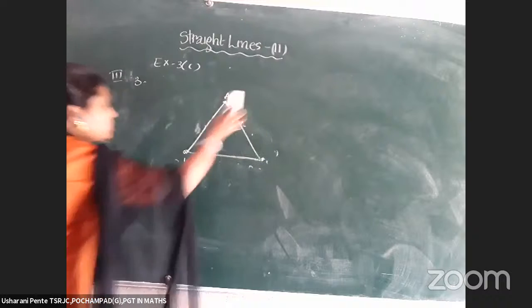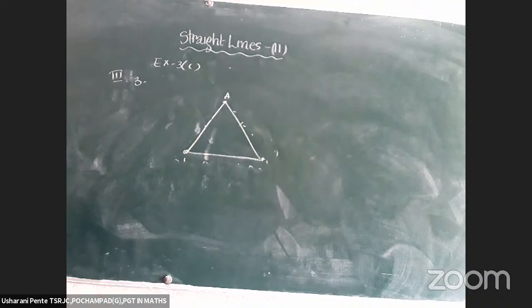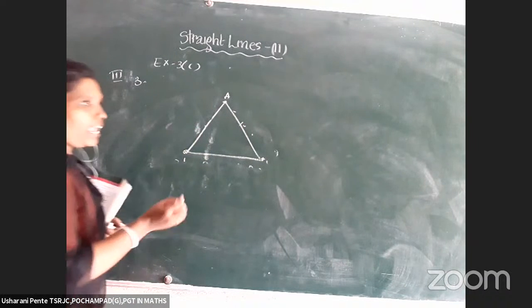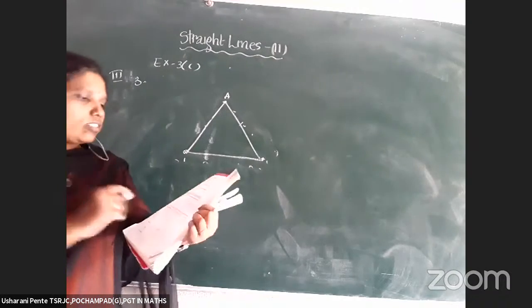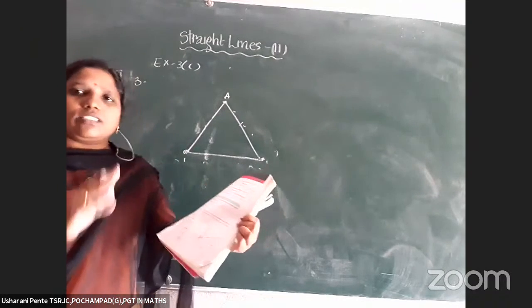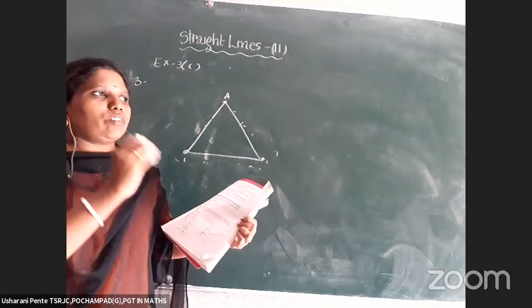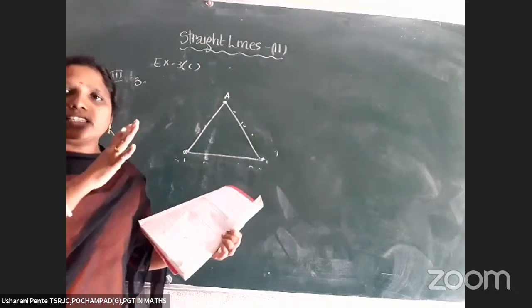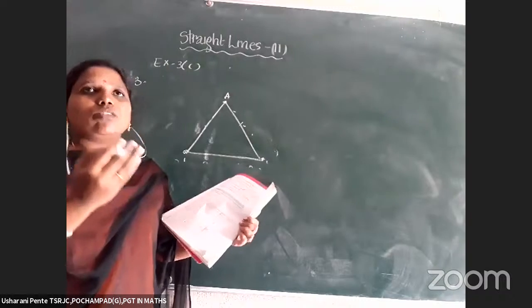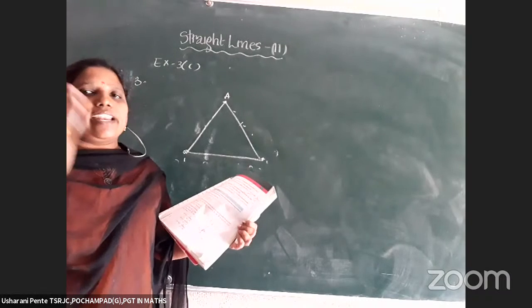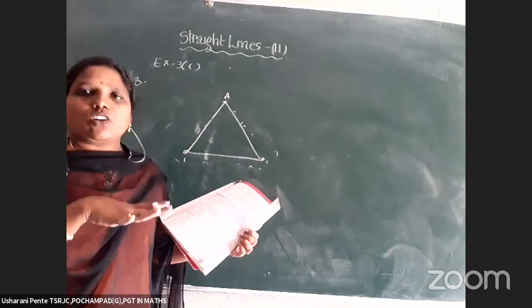The other one is where you need to find the area of the triangle. Here also they have given three equations. Solving 1, 2, 2, 3 and 3, 1, you will get the 3 points. Once you know x1, y1, x2, y2 and x3, y3, how do you get the area of a triangle?